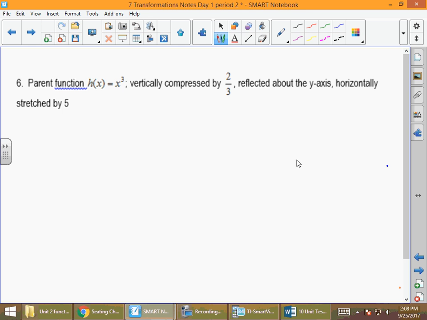Reflected about the y-axis, it's inside. Horizontally stretched by 5, that's inside. So when we write this, h of x equals, well, we've got our x cubed that I don't want to write down. I'm going to write down the 2/3 there. That's going to go outside the function.